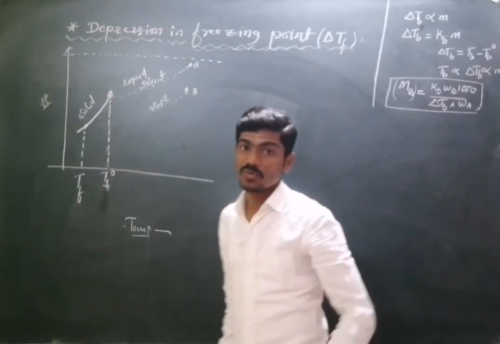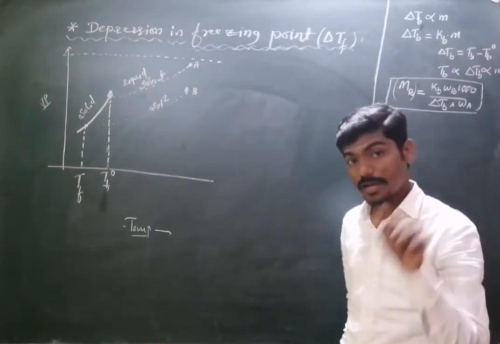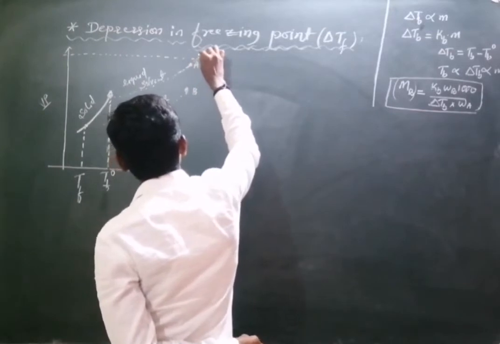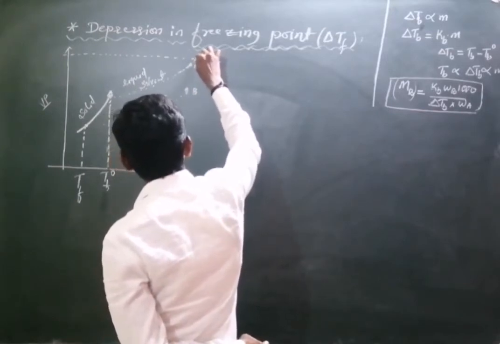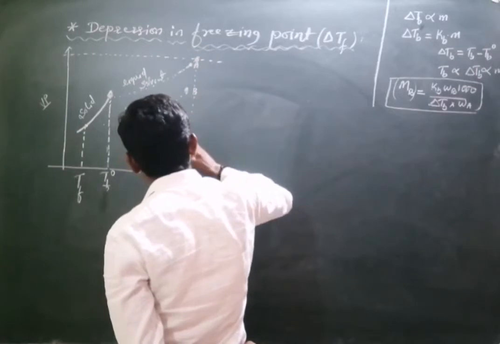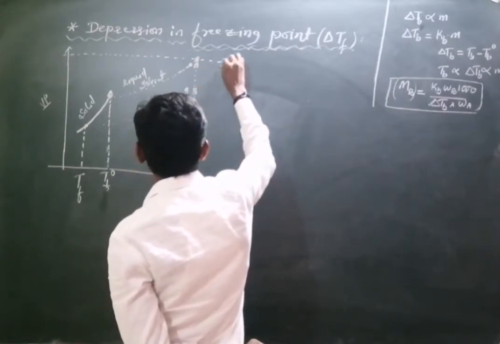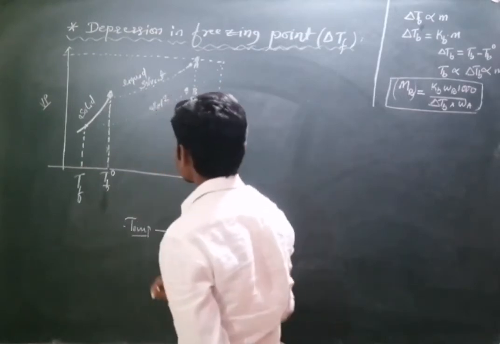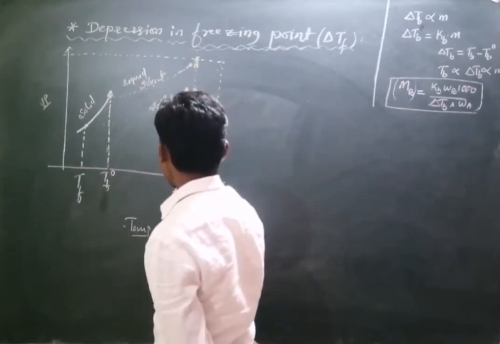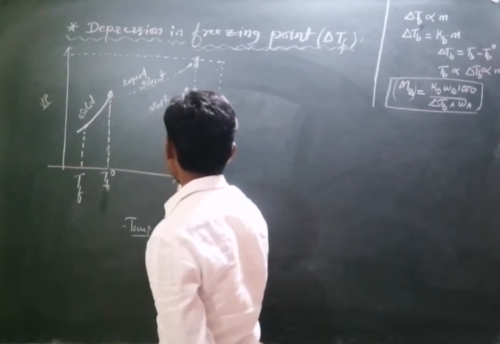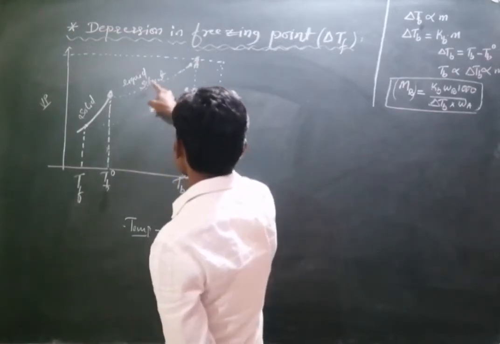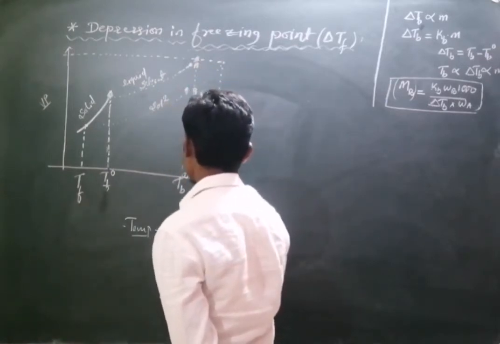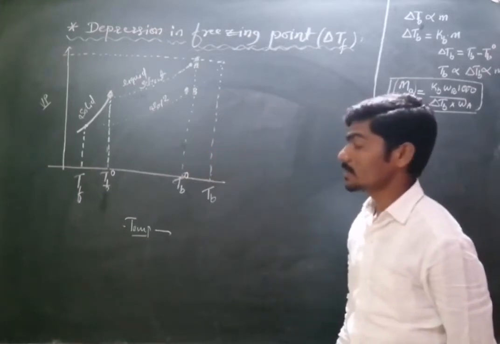Hope the definition is clear. What is the definition of boiling point? Boiling point is the temperature at which the vapor pressure of a substance becomes equal to atmospheric pressure. This is for solvent, so this point is the boiling temperature of solvent, whereas point B is the boiling temperature of solution. Is it clear?